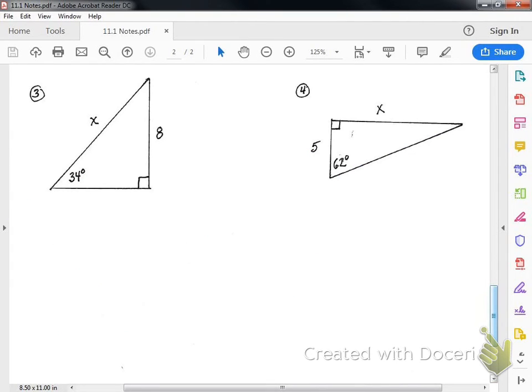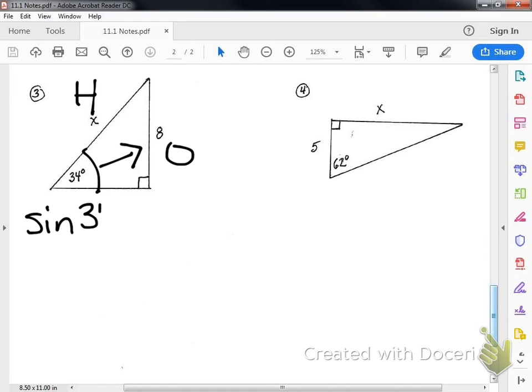So number 3, we have this angle right here. I have the opposite and I have the hypotenuse. So which trig function do I want to use? Sine. Good.